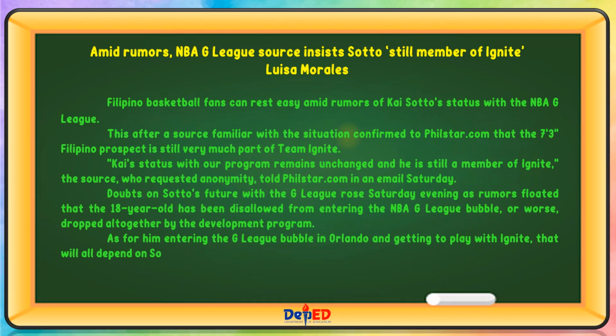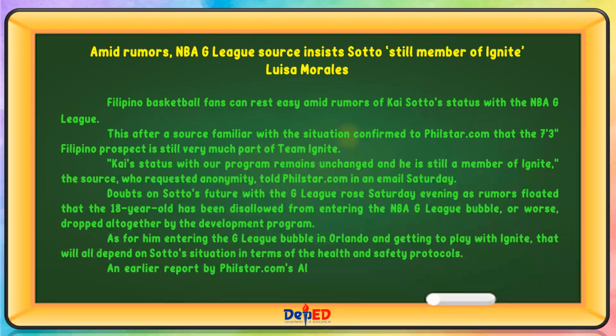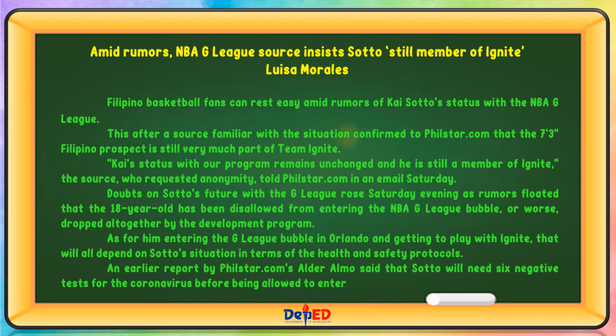As for him, entering the G League bubble in Orlando and getting to play with Ignite will all depend on Soto's situation in terms of the health and safety protocols. An earlier report by Philstar.com's Alder Almo said that Soto will need 6 negative tests for the coronavirus before being allowed to enter the Orlando bubble.